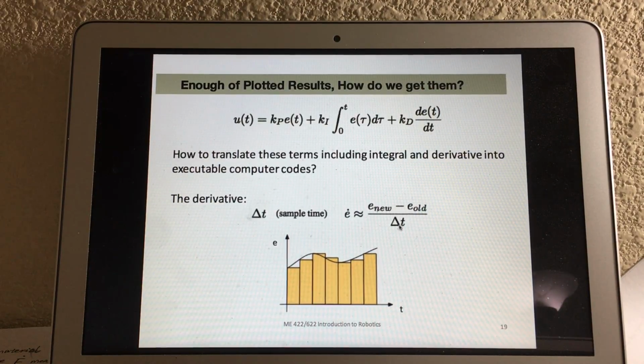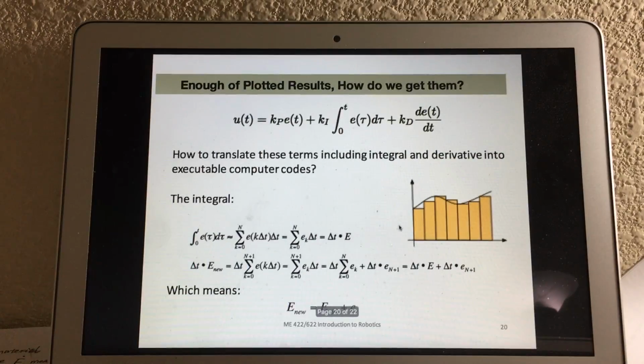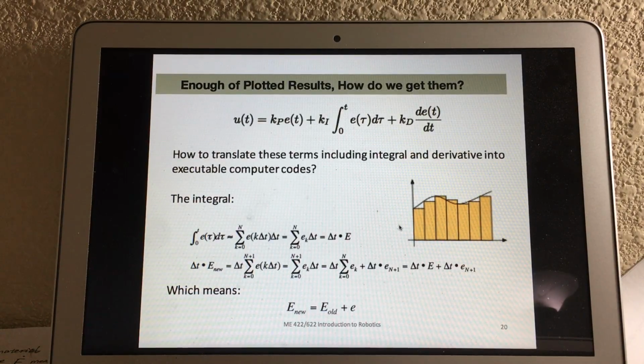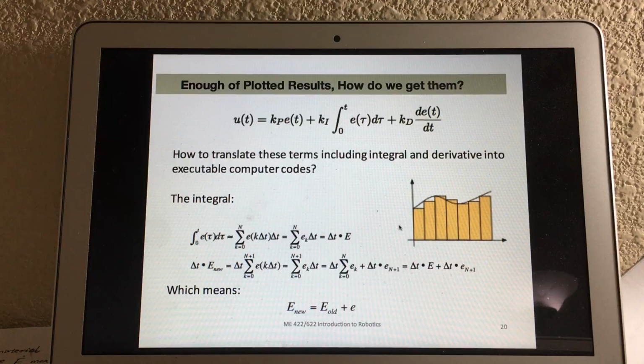I think you must have learned this in a calculus class. Now the integral is a little bit different. Here you can see you have the integral. Once again, I'm going to do small steps, and I'm going to see the integral from 0 to t, it's certainly from here to here.